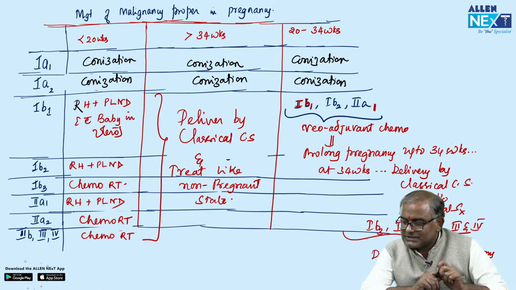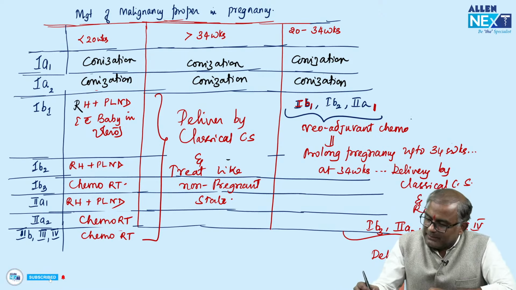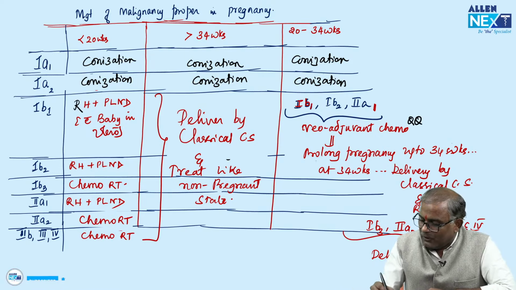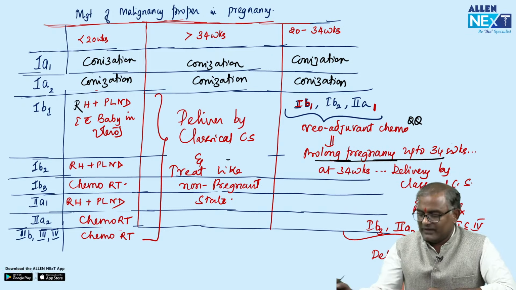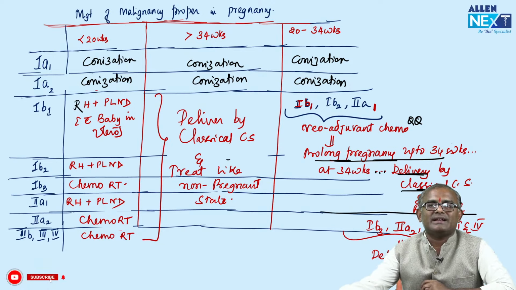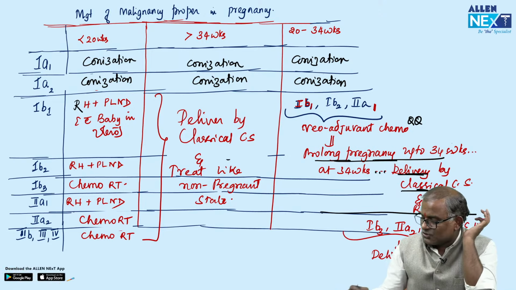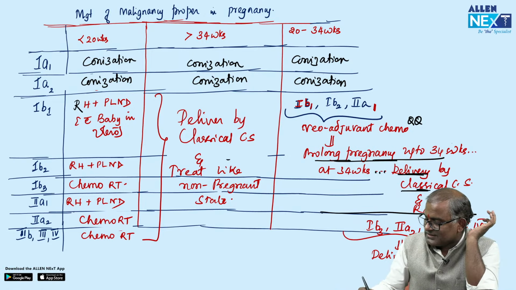Is it clear? So, doctor, in 1B1, 1B2 we will give neoadjuvant chemotherapy, prolong pregnancy up to 34 weeks. At 34 weeks, deliver by classical cesarean and do radical surgery. Then in the advanced stages, you will deliver by hysterotomy followed by radical surgery.